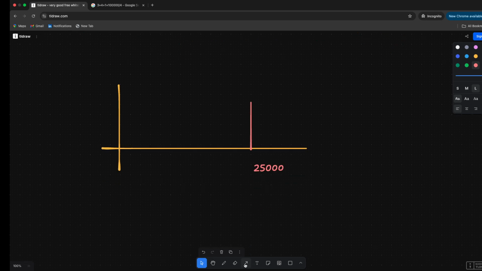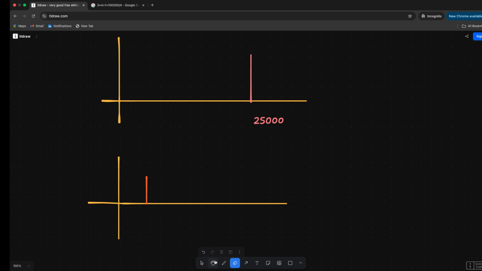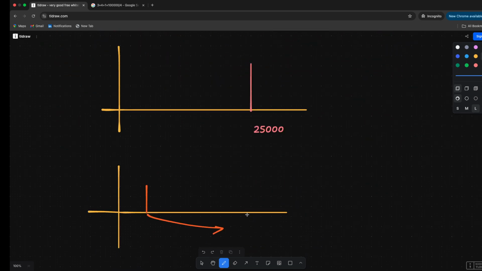And for the graph without the outlier, the mean will be present here, which is 4.5.